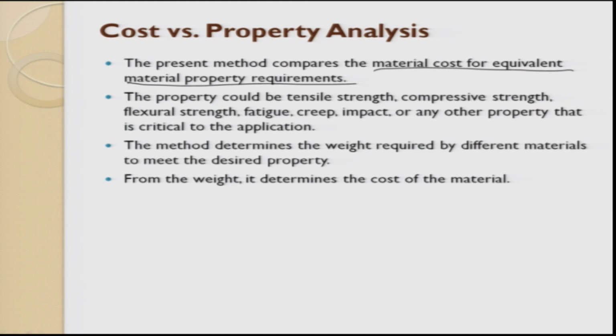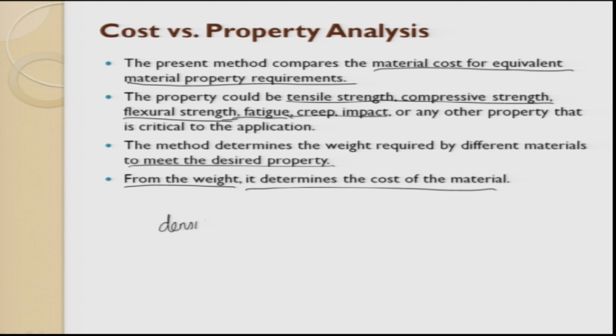Okay. So the properties generally we talk about are tensile, compressive, flexural, fatigue, creep, impact, and many more. The method determines the weight required for different materials to meet the desired property, and from the weights, it determines the cost of the product.